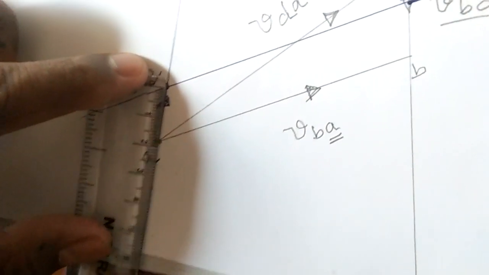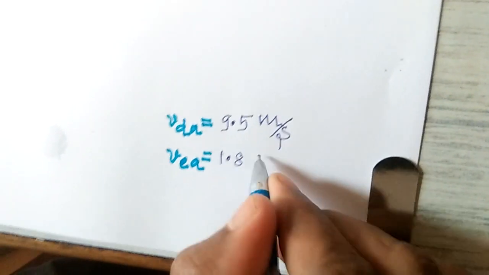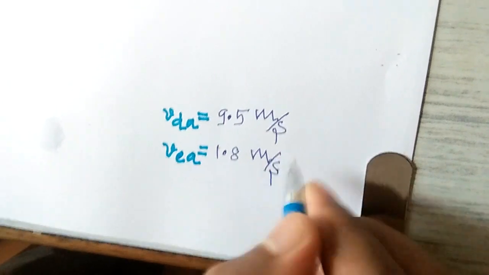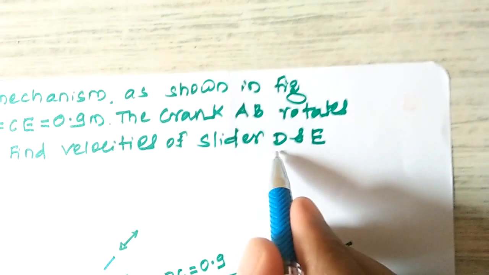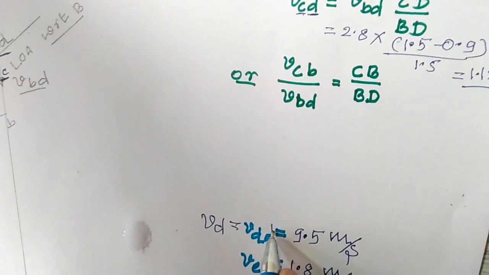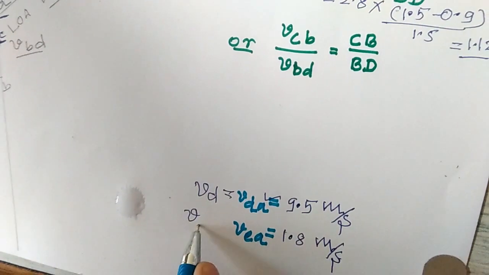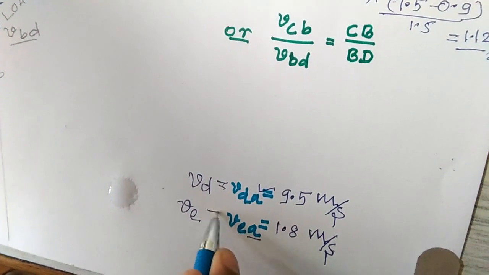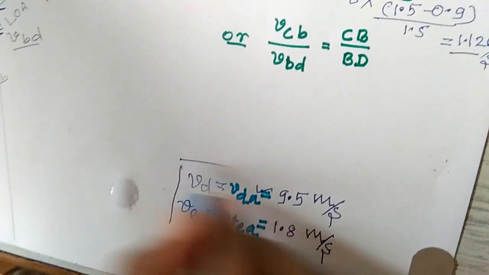It comes as nearer to 1.8 meters per second. The question asks you to find the velocity of D also and E also. You got velocity of D because A is a fixed point, and velocity of E because A is a fixed point. Okay, you got these values.